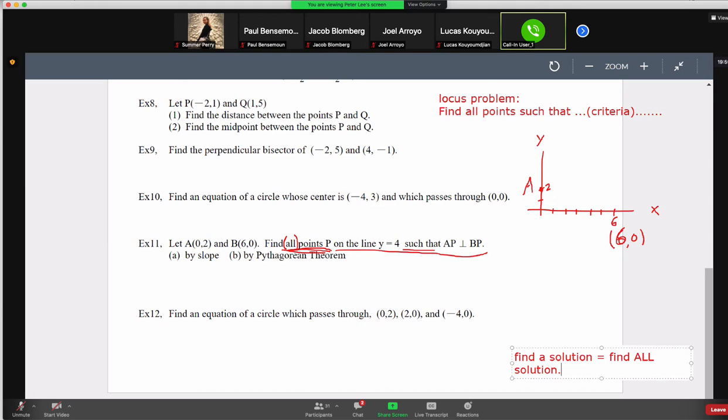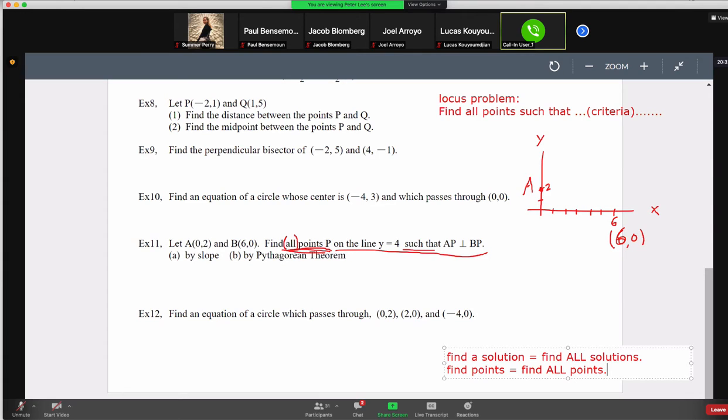This is the general way to understand these questions in math. Also, when I say find points, it means find all points. It's assumed. So when I ask you to find points, don't just find one point and then tell me that's the solution.